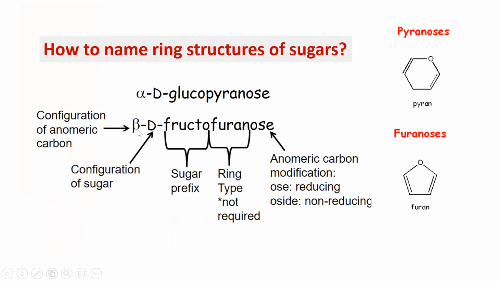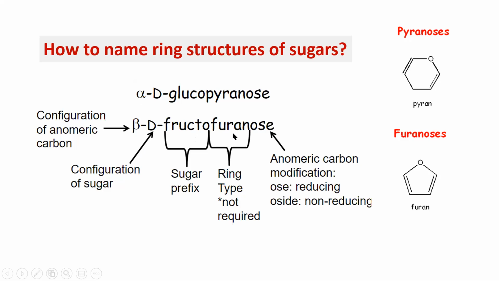When you talk about the carbon, it can be alpha or beta. I'm going to slow down here because we talked about the anomeric carbon. If you remember, the anomeric carbon is the one attached to 2 different oxygens. There can be alpha form, which is the opposite side, and beta on the same side. Then the configuration of the sugar is D or L. What is the prefix of the sugar, glucose or fructose?